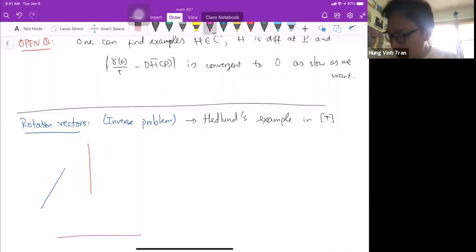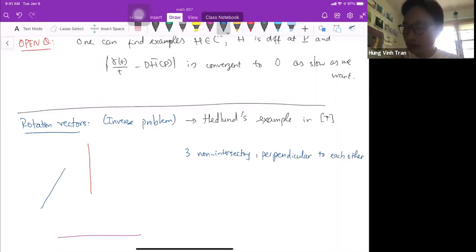So those are three non-intersecting, perpendicular lines, and you can assume everything is periodic.